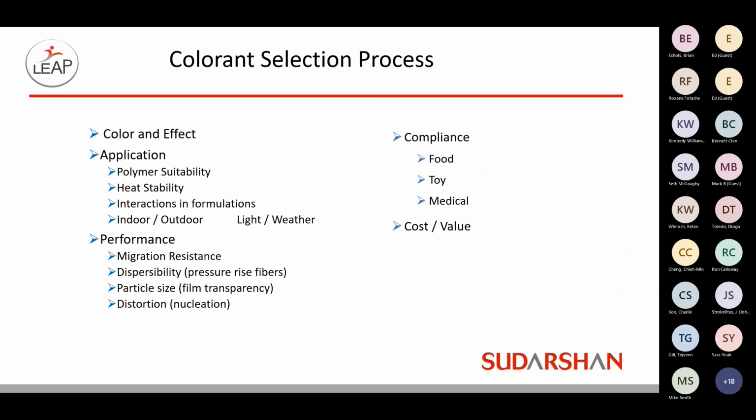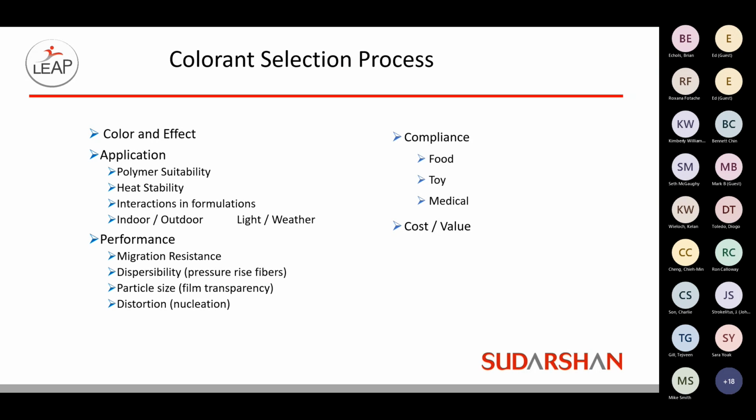So in the color selection process, obviously taking a look at what kind of color and effect you're trying to achieve is one of the first areas to address. However, right after that certainly is the application area. What kind of polymer are you going to be using? What kind of heat stability profile does the colorant need to withstand?